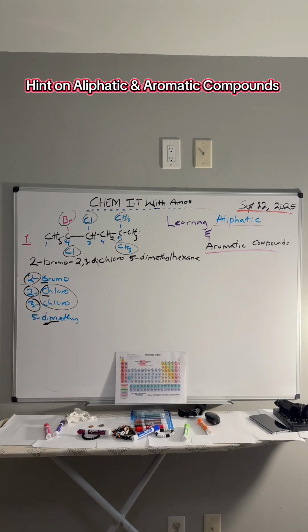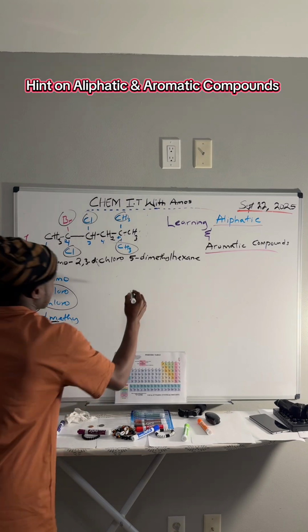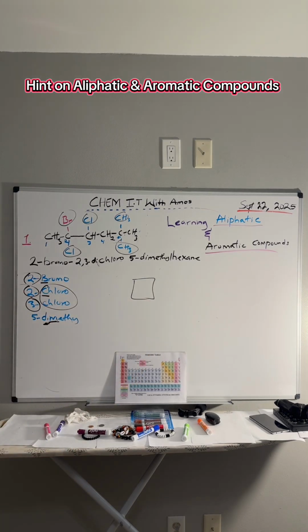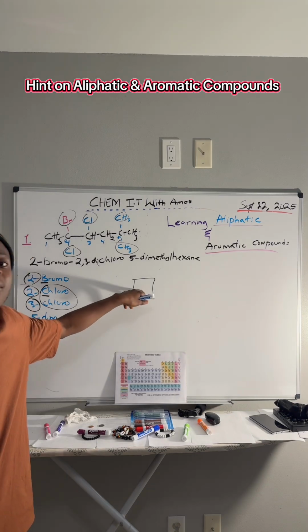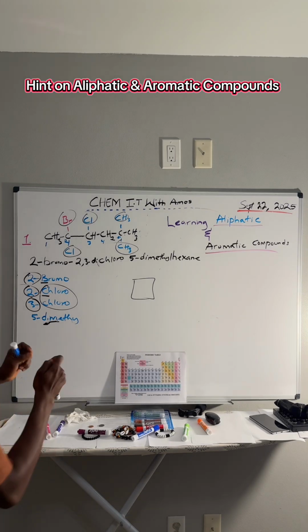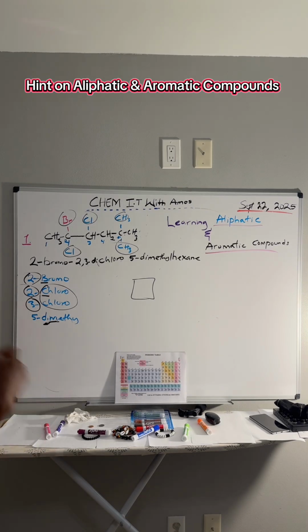So they can be referred to as aliphatic structure. When it comes to aromatic, it's discussing something of shape, something in a shape form. Let's say, for example, this is a square. So this becomes an aromatic. Anything that is in a shape form becomes an aromatic, or something in a ring form like benzene.